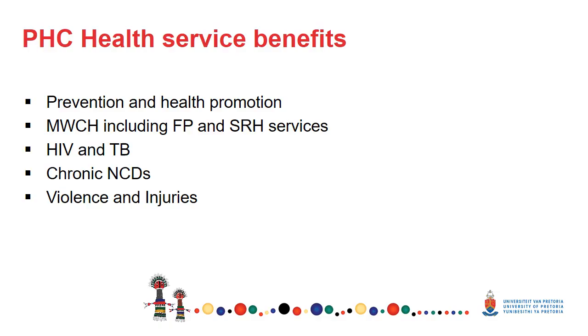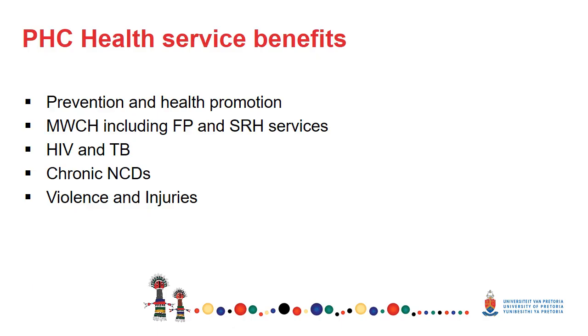Primary healthcare service benefits cover a wide range of services that are predominantly what you would refer to as entry level into the health system, but also cover a wide variety of programs that have historically and traditionally been put into vertical programs.